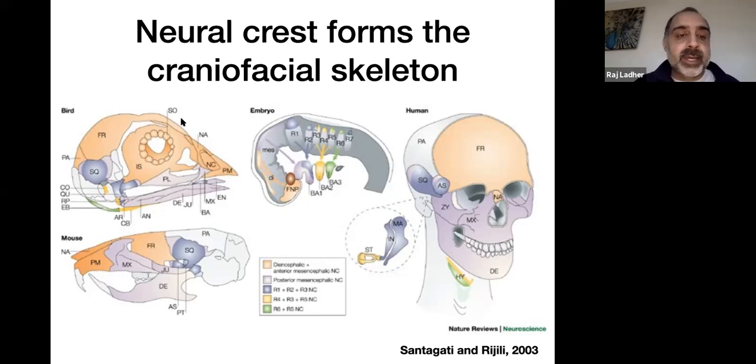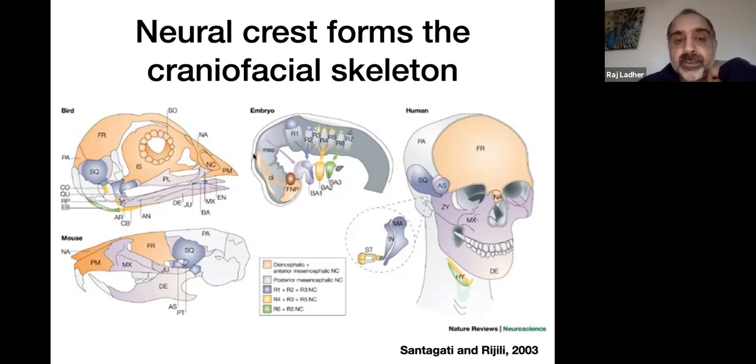What you're looking at here is the lineage maps of three different vertebrates. This is a chicken skull. This is a mouse skull. This here is a human skull. And what you can see is where the bones of the skull have come from.